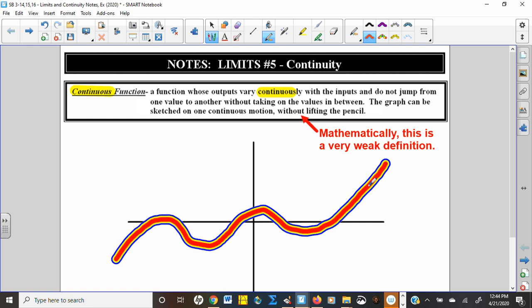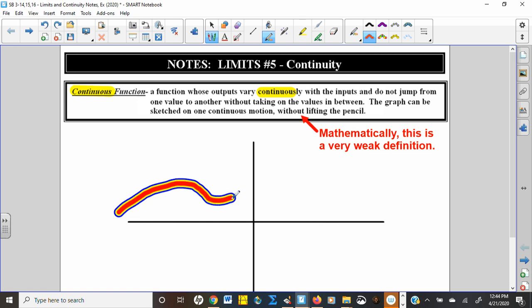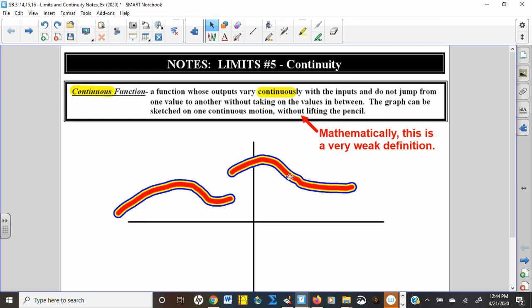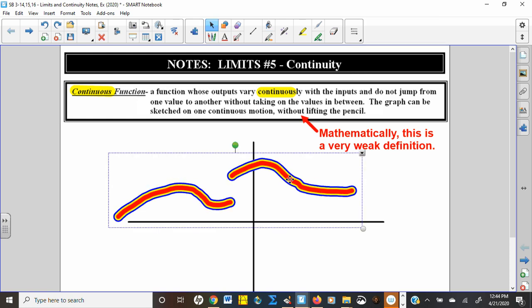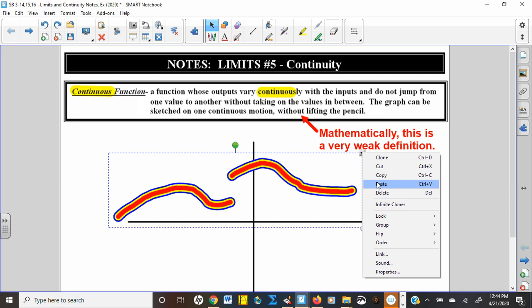It doesn't have any breaks in it, right? If I was coming along and something happened and I had to pick it up somewhere else, now we know that it has a discontinuity, and we talked about the different kinds of discontinuities there were back on that same first day of class, and we will review those today.